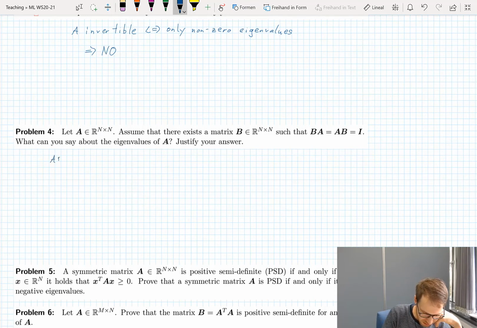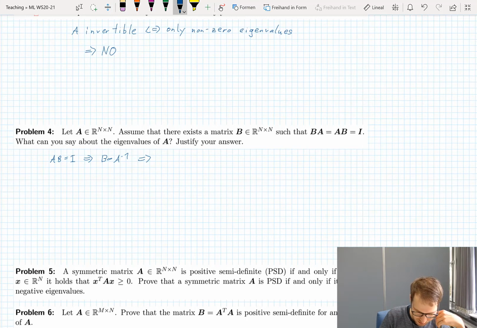So A times B equals I means that B equals A to the minus 1. And we know if it's invertible, it has to have only non-zero eigenvalues.